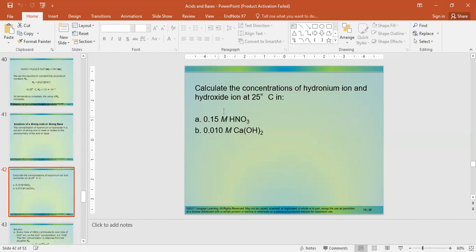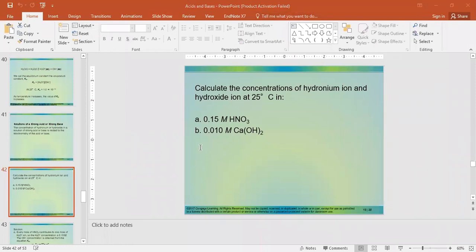And for example, if you look at this, calculate the concentrations of hydronium ion and hydroxide ion at 25 degrees Celsius in these two solutions. Let me explain what is happening here.